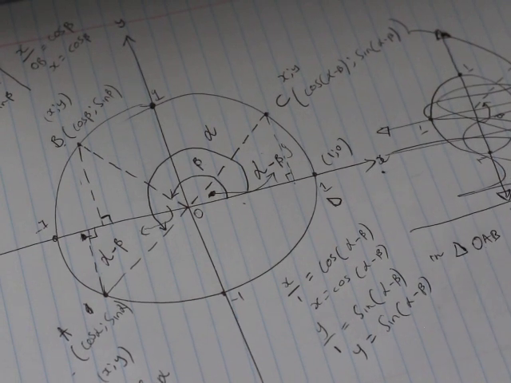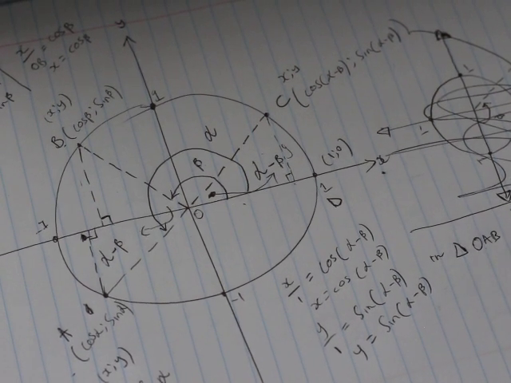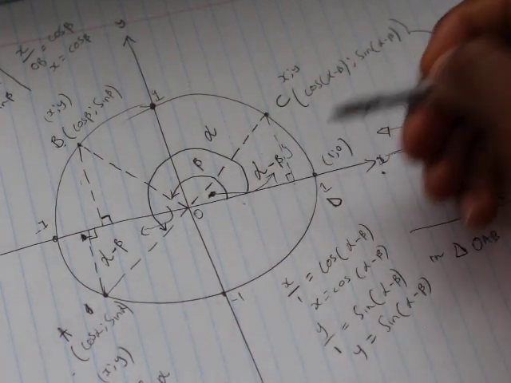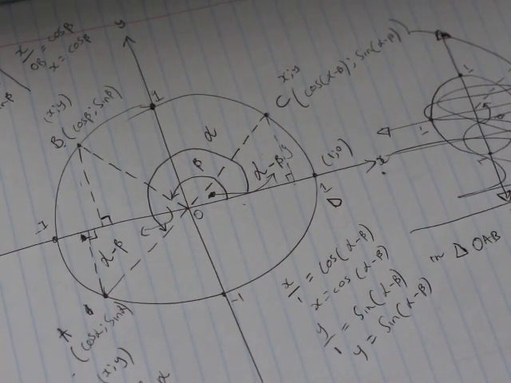So in triangle AOB and triangle what? This triangle over here, which we said is AOB.